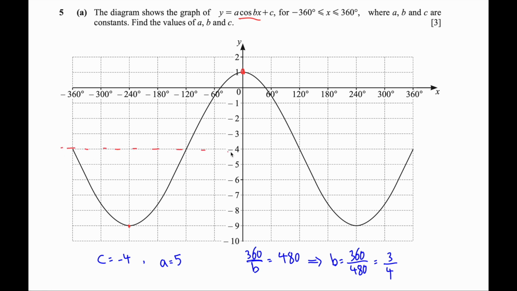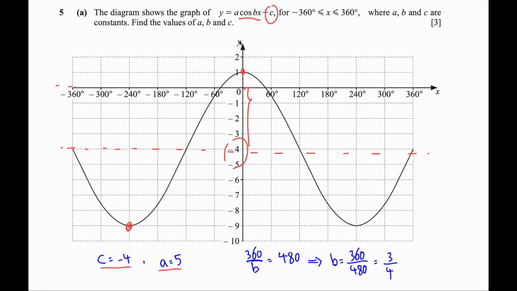The principal axis is between the maximum and minimum point, so that would be -4, and that's responsible for the vertical displacement of this curve, because for a cosine curve, the principal axis is the x-axis itself. So it's very clear that we move down 4 units, therefore C is -4.